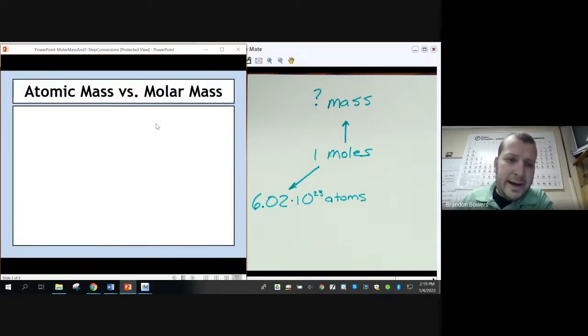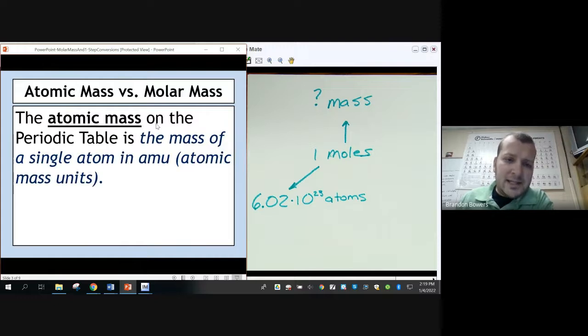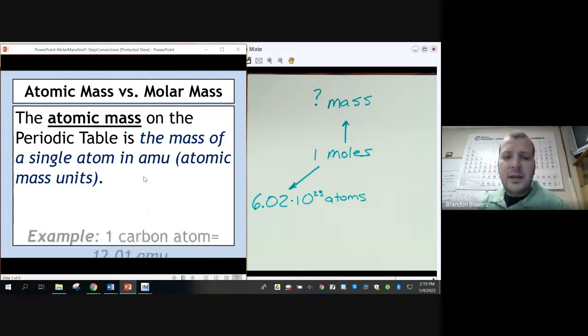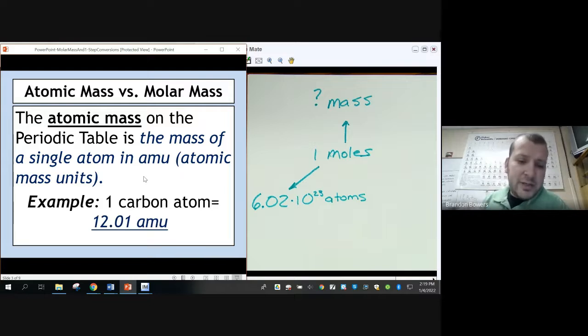Atomic mass on the periodic table is the mass of a single atom. For example, the mass of hydrogen is 1.00794. The one below that, lithium, is 6.941. That's the atomic mass. Carbon is 12.01.